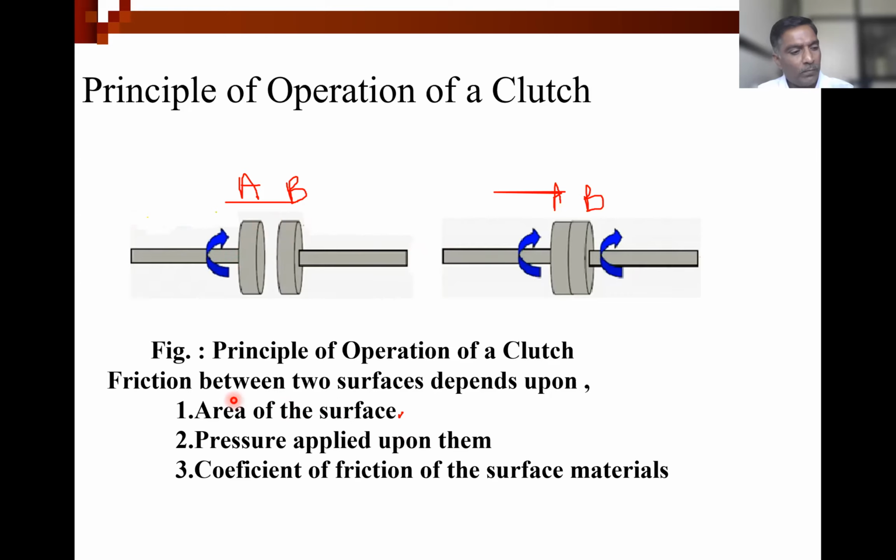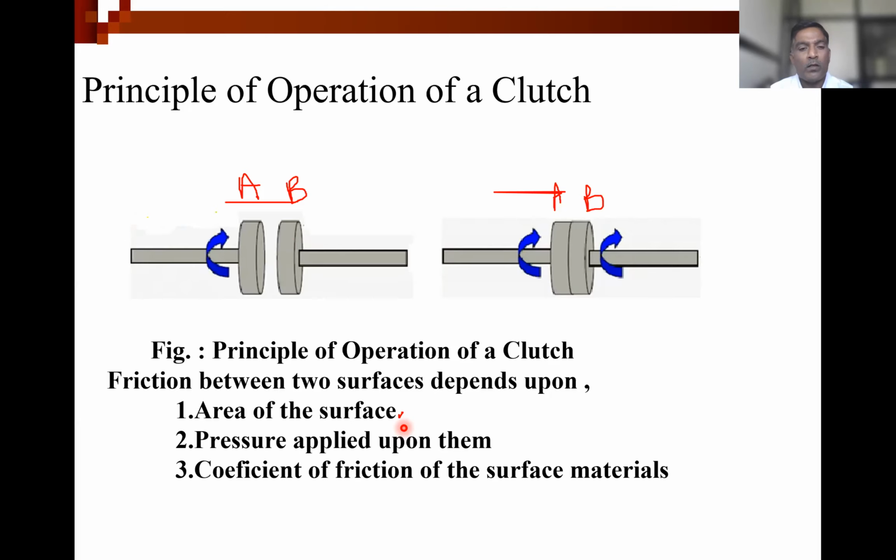So whatever friction between two surfaces, this is one surface, this one is the second surface, that depends upon the area of the surface, how much surface is available to have the contact between the flywheel and the friction plate. Then the pressure applied upon them, how much pressure via springs is applied on the friction plate or the clutch plate.